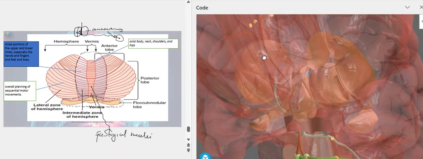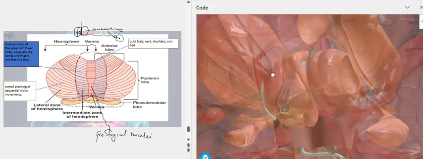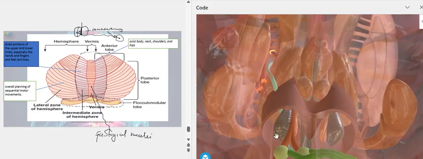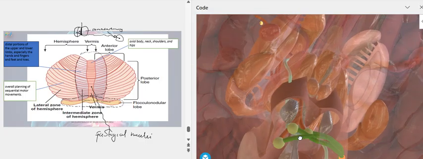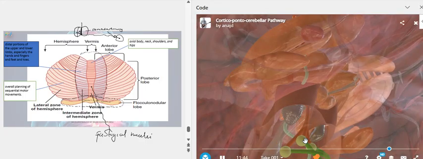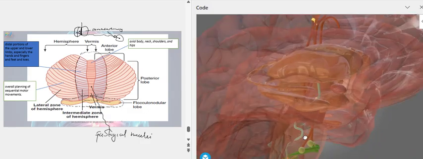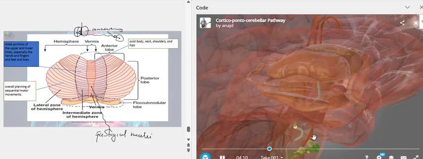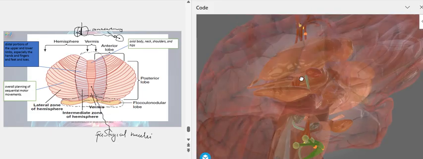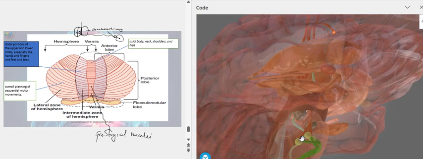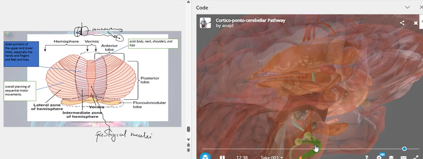So just follow the red tract. You're able to see signal moving up to this particular point where we expect to have the pontine. So this is the pontine area of the brainstem. So that means that the tract from the cortical area all the way down to the pontine represents the corticopontine.